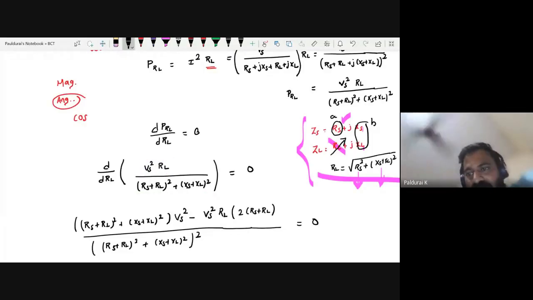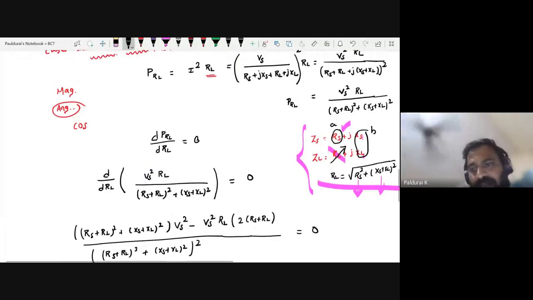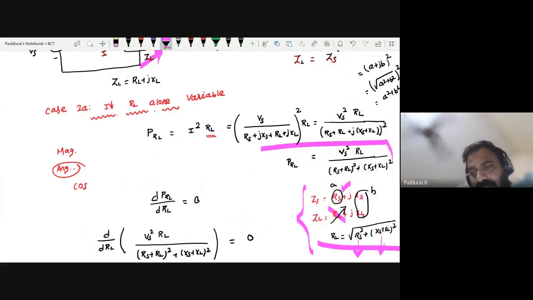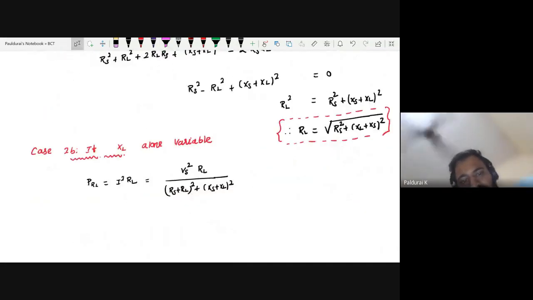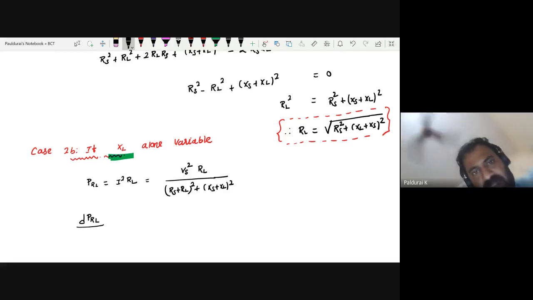This we derived, right? V square divided by the same. But this time, even though my XL is variable, you want to differentiate this power dissipated in the load with respect to RL only. Isn't it?